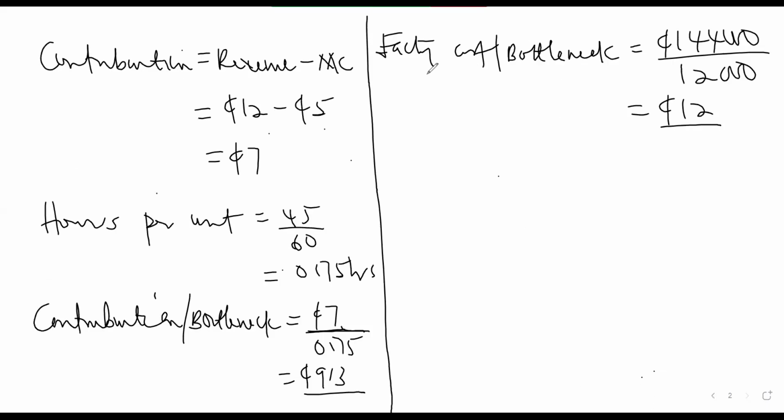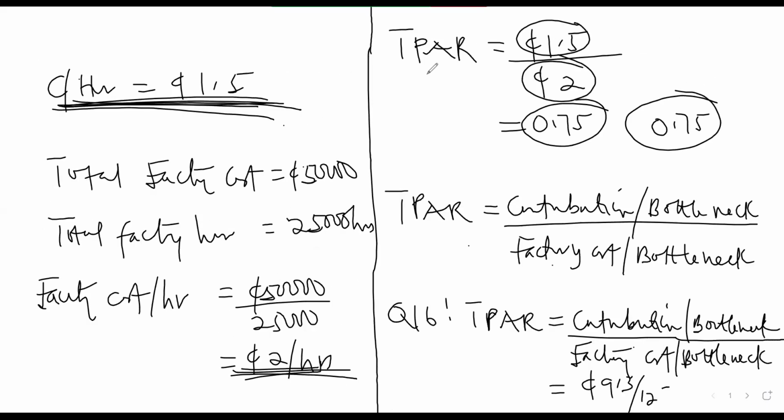What are you going to be getting? 0.775. So can we say 0.78? Yes. Okay. So this 0.78 means that for every 1 cedi of the factory cost that you are going to be using, we're giving you a return of 78 pesewas.